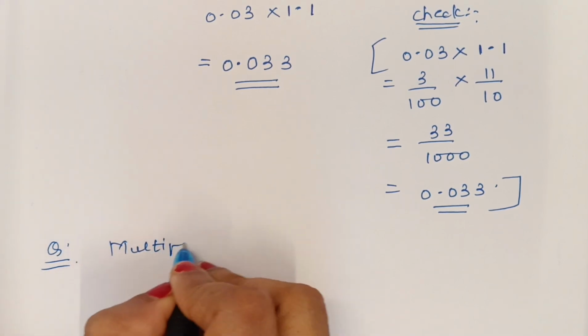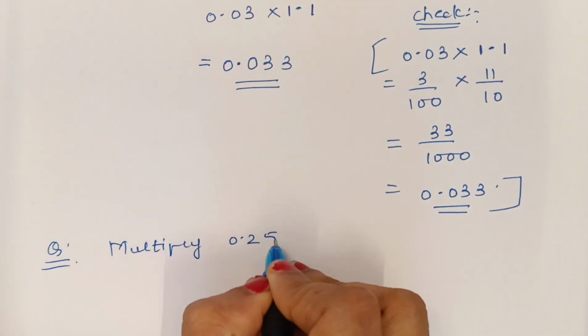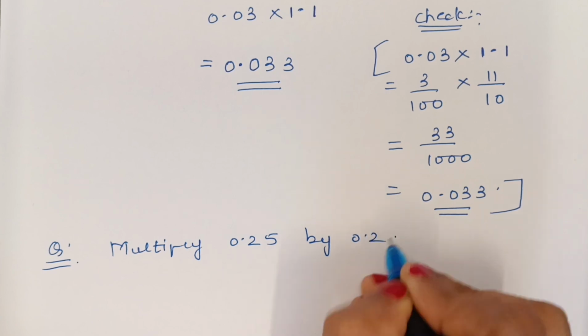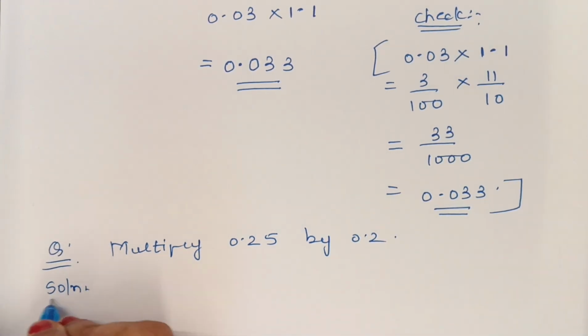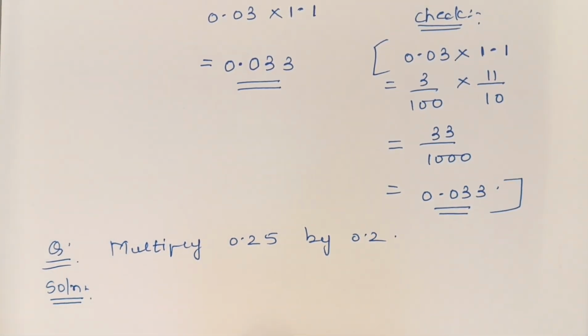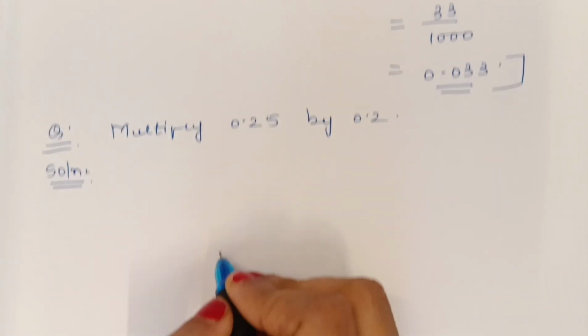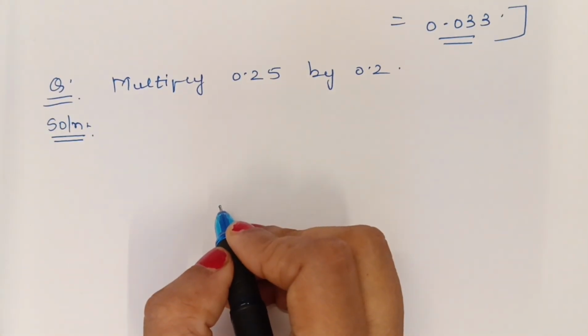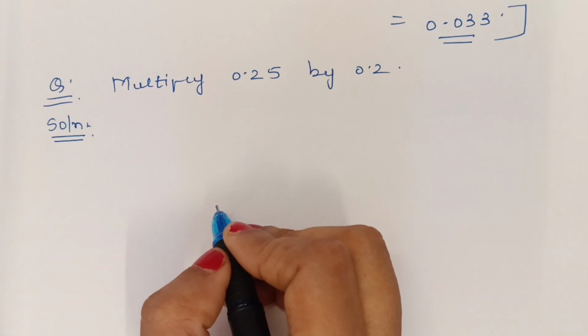Multiply 0.25 by 0.2. Solution. Now we can solve the sum directly. Just remember all the steps which we have learned so that your answer will never go incorrect.